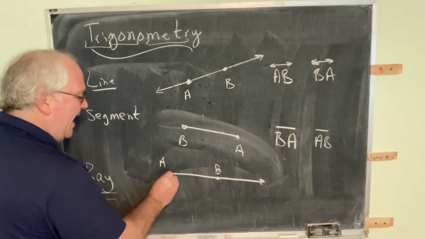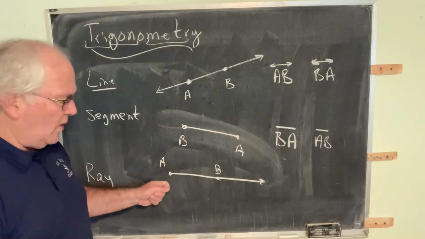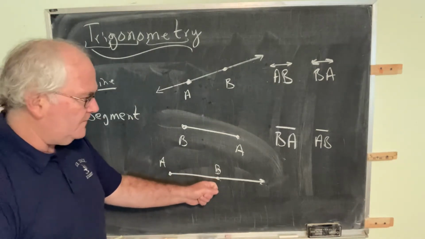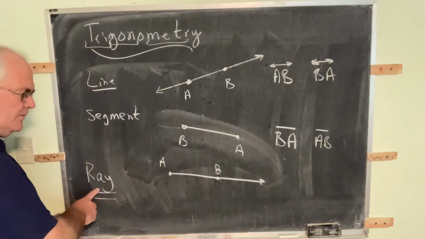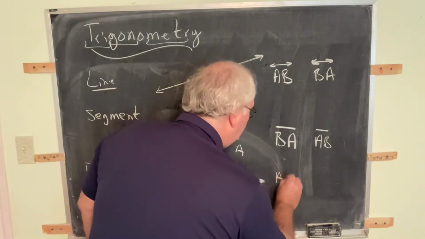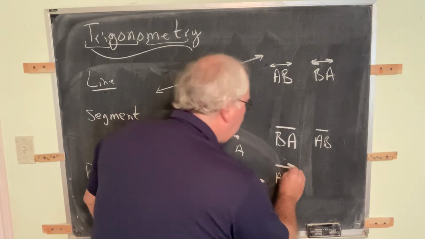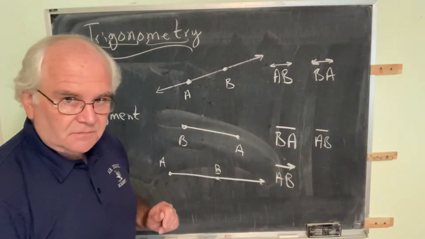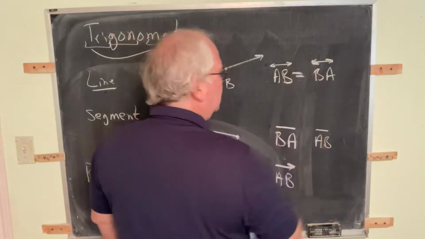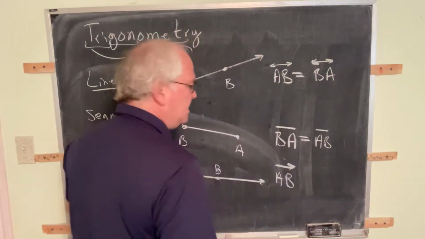So we say A is the endpoint of the ray, B is a point that lies on the ray, so this is a ray, and then the notation we make is only one of the arrows. And in this case here, these are considered the same.